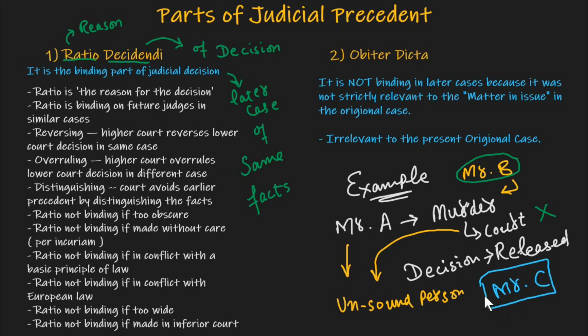For example, Mr. C is also an unsound person, then the lawyer of Mr. C can ask the court to release him because the court has released Mr. A in the past where the facts of the case were similar. So in that case, the decision will be binding on future judges in similar cases.